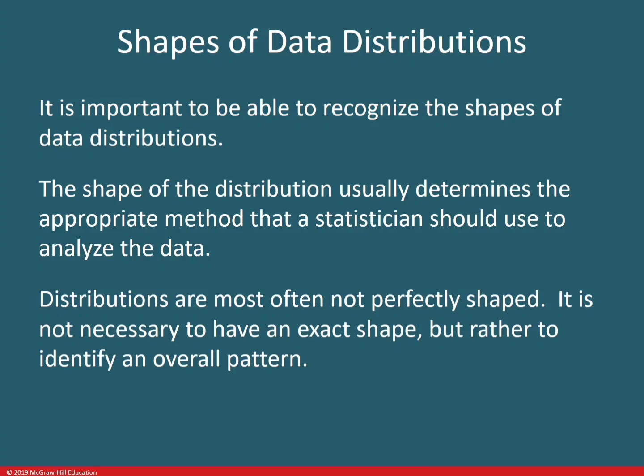So it's very important to say things like roughly right skewed or left skewed or roughly bell shaped, because to have a perfectly right skewed or a perfectly bell shaped graph is very unlikely to happen. You will always have numbers that kind of mess up the graph.